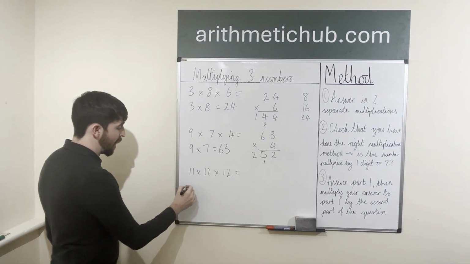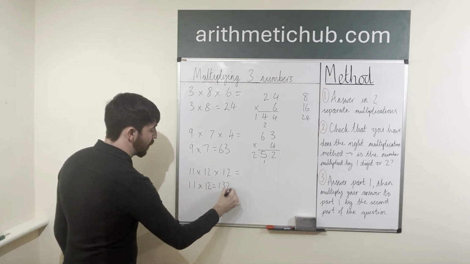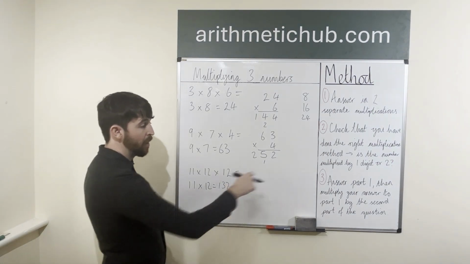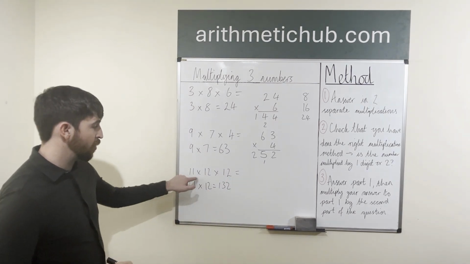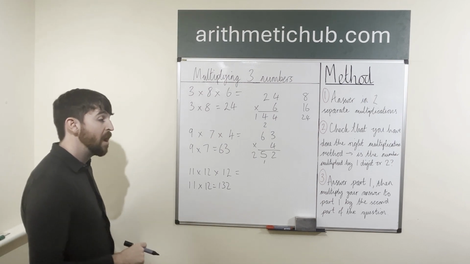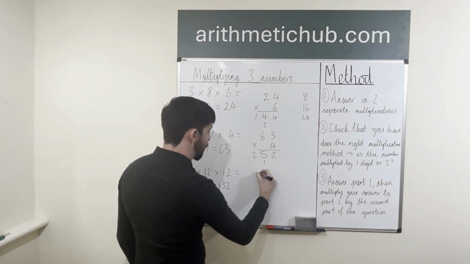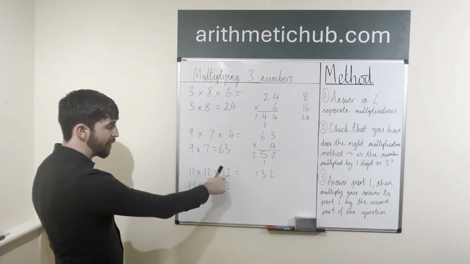I know 11 times 12 is going to give me 132. There's my answer. Going to follow exactly the same method. Answer part 1, which I've done, 11 times 12 is 132. Then multiply your answer to part 1 by the second part of the question. So I've got my 132, but now I'm multiplying it by 12.